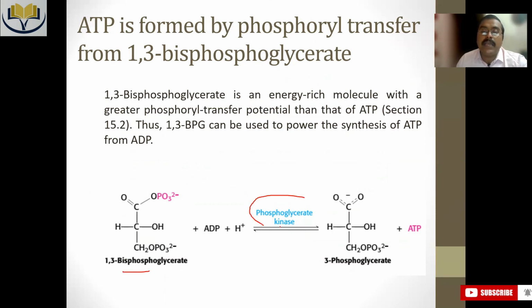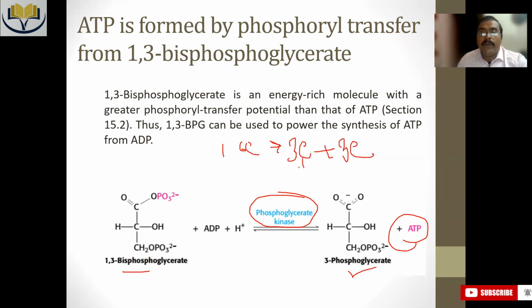So now, here comes the first step where we are going to get some real ATP. 1,3-bisphosphoglycerate, by the help of an enzyme kinase, phosphoglycerate kinase, is converted to 3-phosphoglycerate, and ATP is produced. Just think: from one glucose, which is 6 carbon, 2 three-carbon components are there.